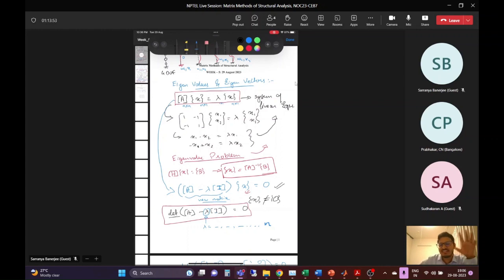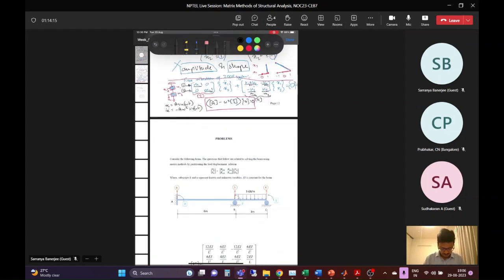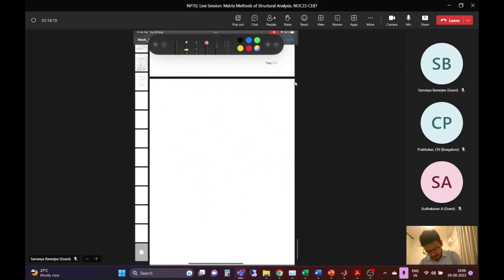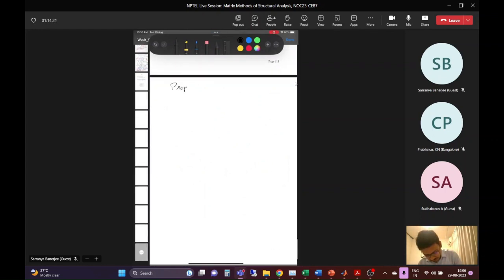We will not go into the mathematics. You can take any linear algebra book of mathematics and you can see that. But there are numerous properties of eigenvalues. Okay, so the different properties of eigenvalues, I think I'll have to write this in the last page.